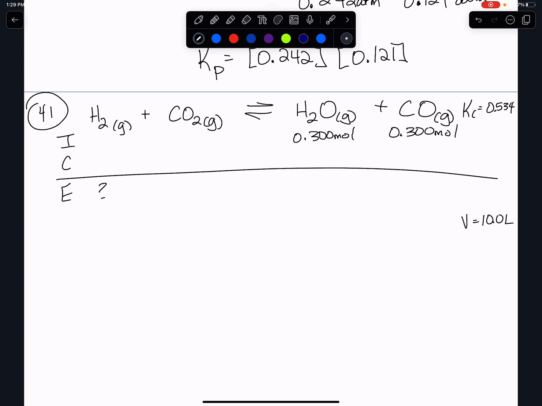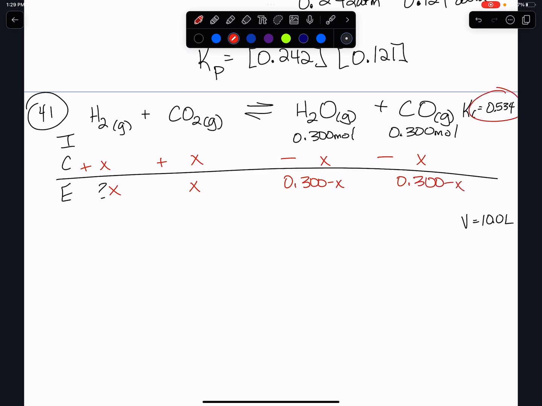Okay, well, clearly, to reach equilibrium, we're going to have to use the products and make the reactants. And we're not given any numbers, so we're going to use X and make X. This is going to be X, X, 0.300 minus X, and 0.300 minus X.